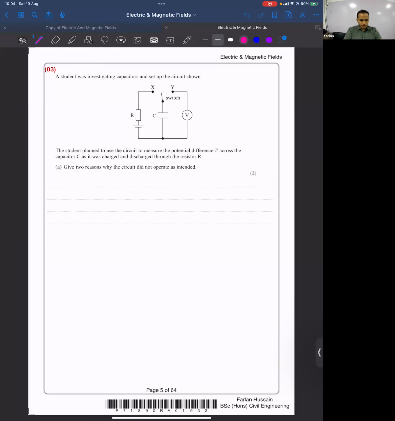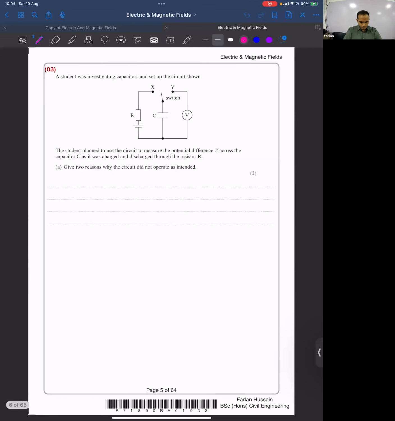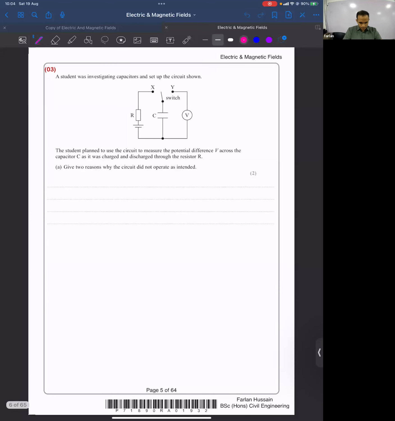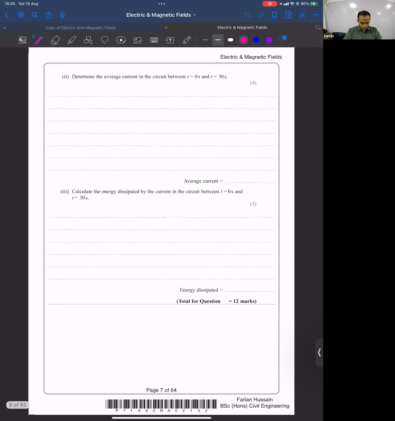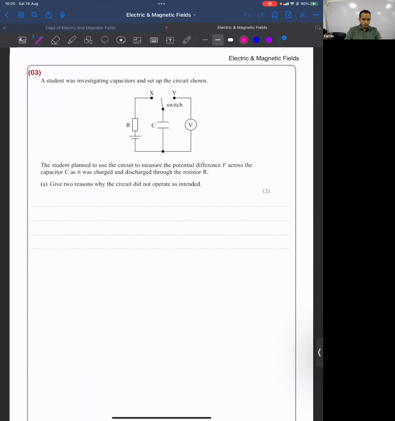Let's turn to question number 3. Can you give it a try? Okay, the first part A we'll answer together.